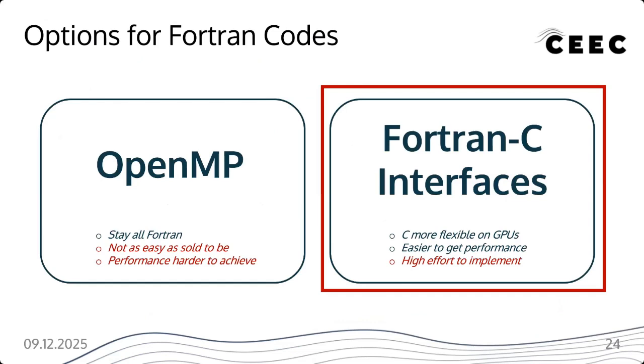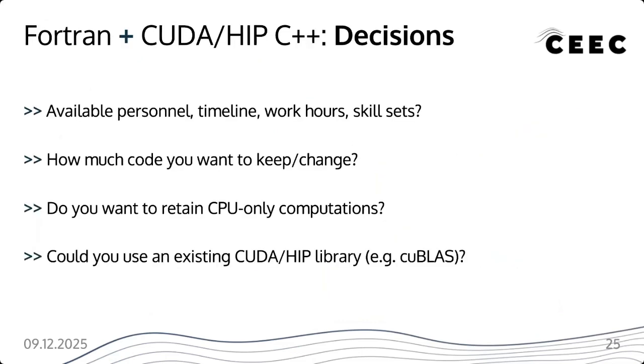The problem is that just writing it naively is still a very high effort task, okay? So this is the drawback of that, but if you're willing to eat that effort, then this can be a very rewarding approach.